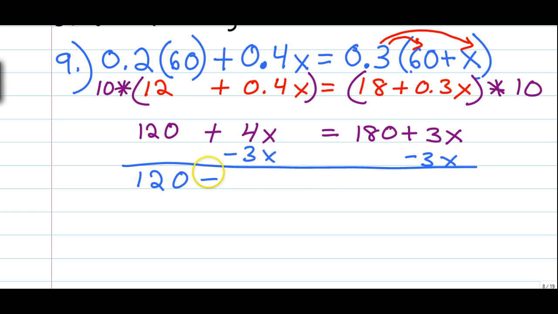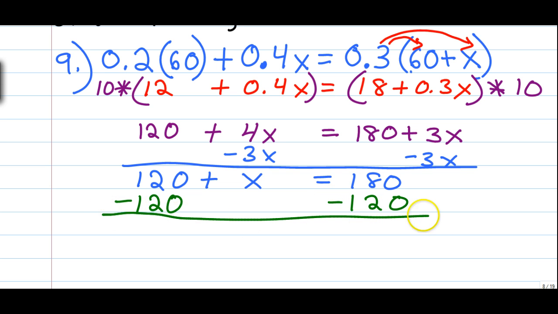We end up with a plus x over here equals 180. The 3x and the negative 3x resulted in a 0. Now we want to move this 120 to the other side. We'll subtract both sides of the equation by 120. This results in x being equal to 60.